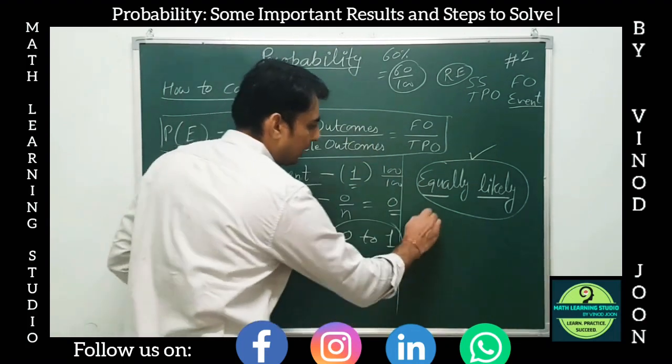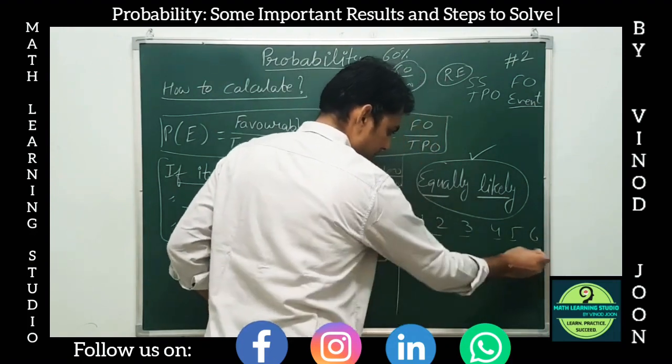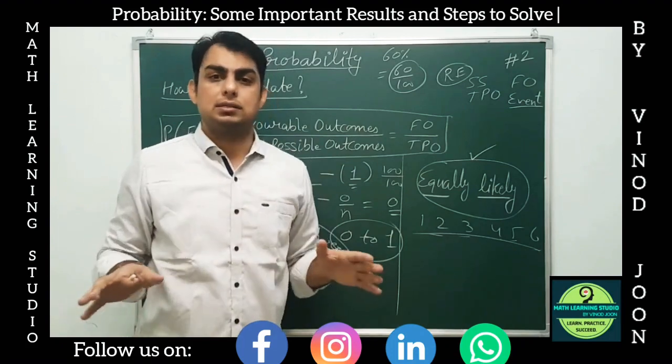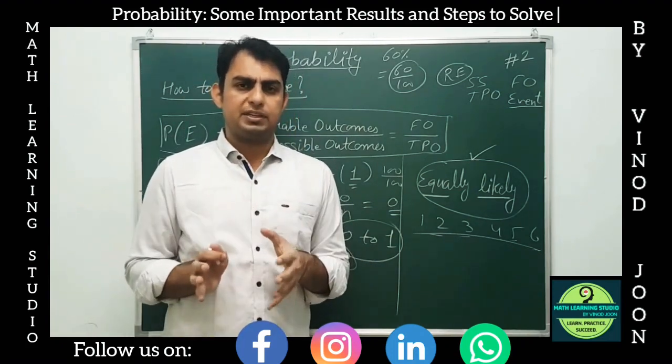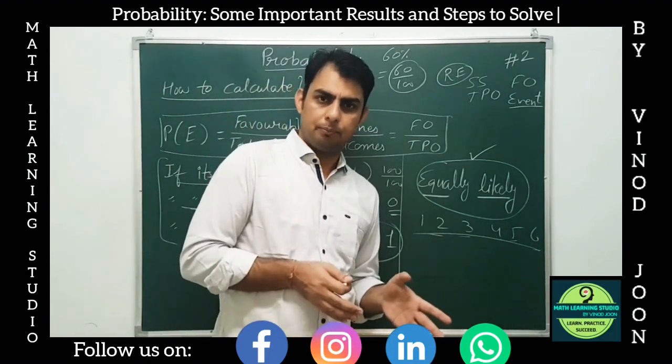So when we throw a die, 1 2 3 4 5 and 6, these 6 numbers have equal chance. Suppose we have a die, 6 face है जिसमें, but we have written only 3 numbers, means 1 2 3 and 1 2 3. ठीक है.